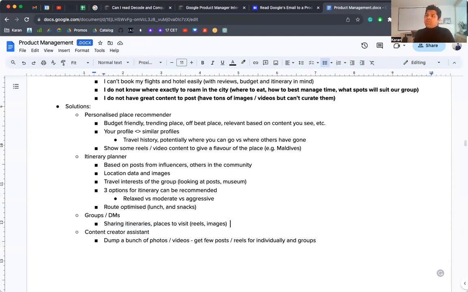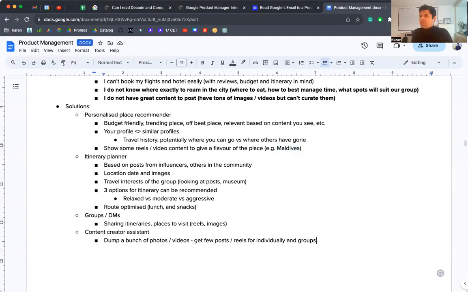And then we have everyone on the same page in terms of getting approvals and things like that, so that we have a very concrete group of, let's say, 4 to 5 people who are interested in traveling to, for example, the Maldives, and visiting, let's say, 5 spots per day.